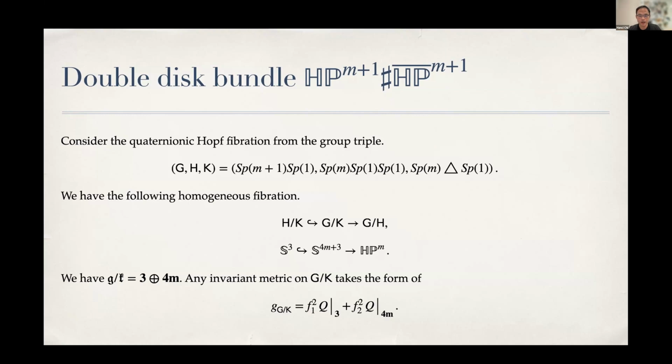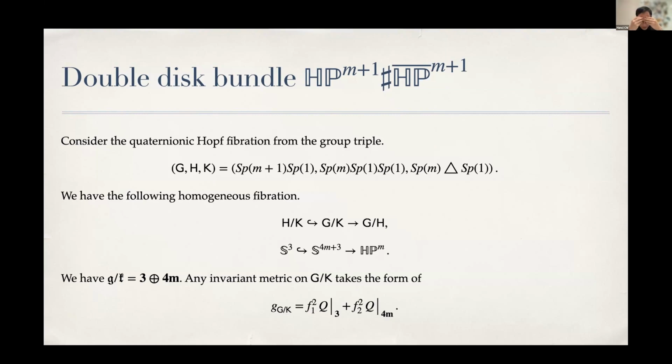So every homogeneous, G-invariant metric on G/K looks like this, with some background metric Q, right? You can control the G-invariant metric using two factors, f1 and f2, right?